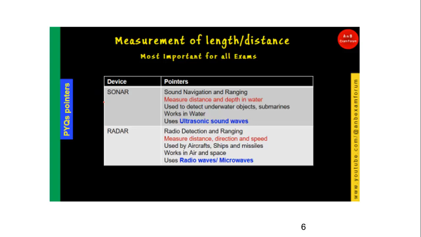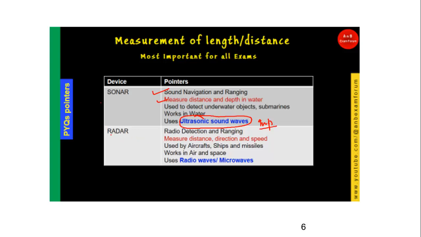These two are very important for all competitive examinations. First, you should know the full form: sound, navigation and ranging, used to measure distance and depth in water. The very important one is that it uses ultrasonic sound waves.